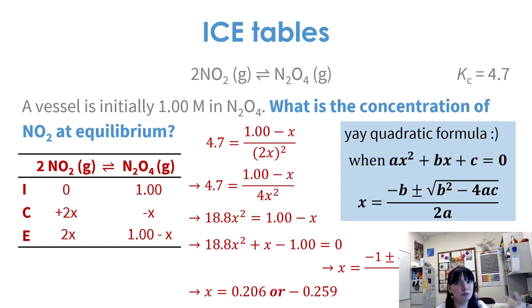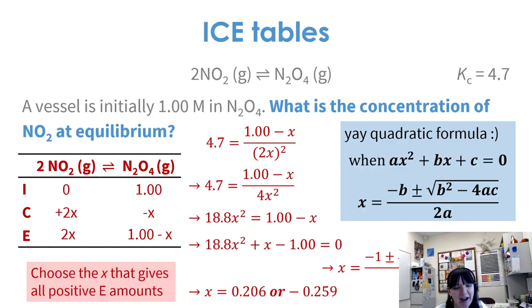Now to know exactly which x I'm supposed to use, which is my actual answer here, keep in mind just like how concentration works, you can't have a negative concentration at any time. And so what we're going to do is choose the x value that, when it goes back into our ICE table, only gives us positive values for our products and reactants.